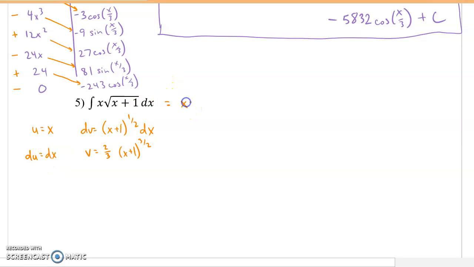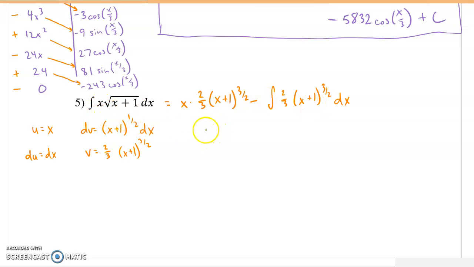u times v is x times 2/3 x plus 1 to the 3/2 minus the integral of v du, so 2/3 x plus 1 to the 3/2, and du is dx. This integral is easier than the original one, even though it's got a higher exponent, because it doesn't have that extra x out here.